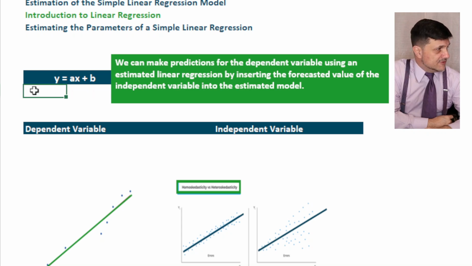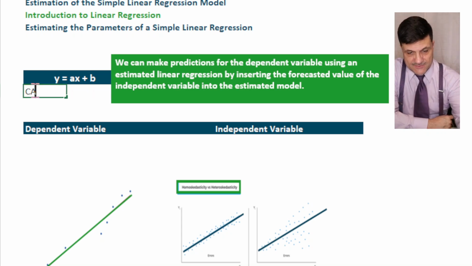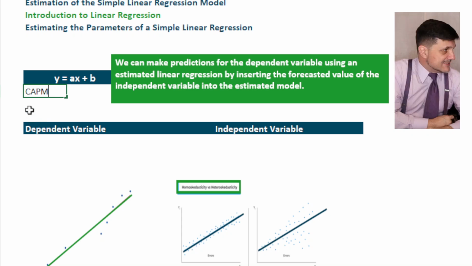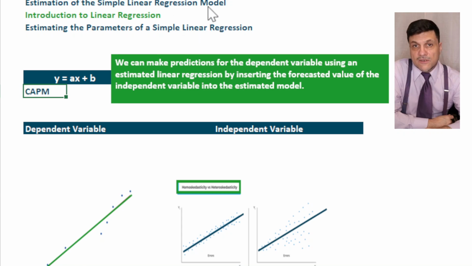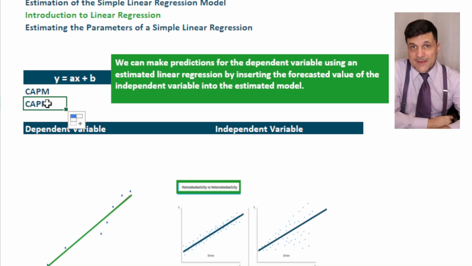Sure, I just gave one: CAPM, the capital asset pricing model. That's a single linear regression model because there's only one independent variable. What is the independent variable of the CAPM? Beta.